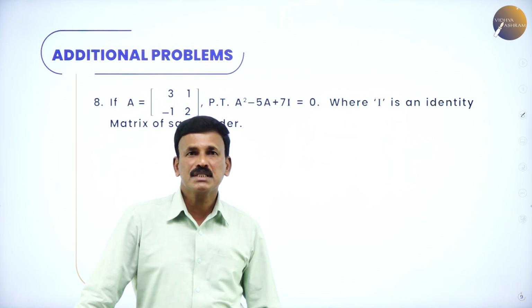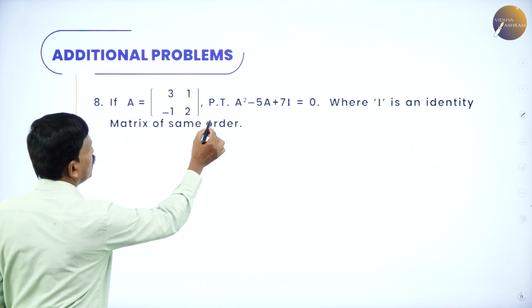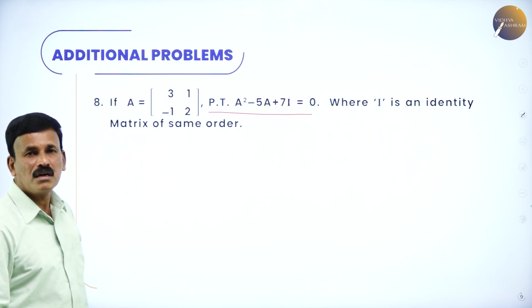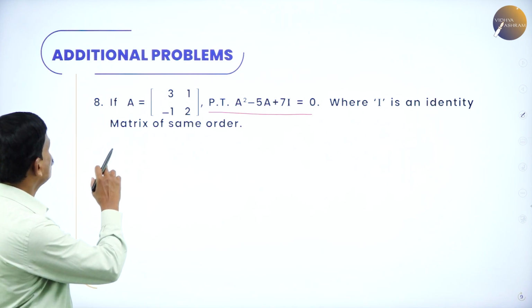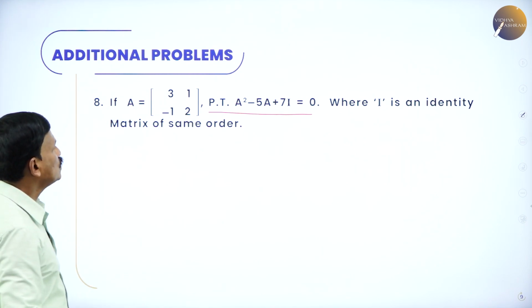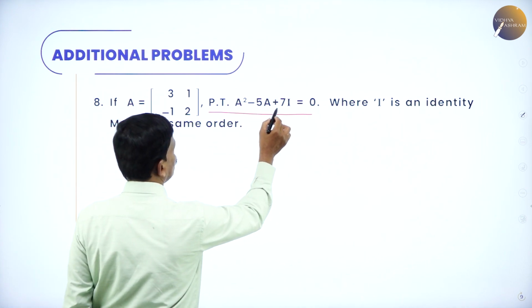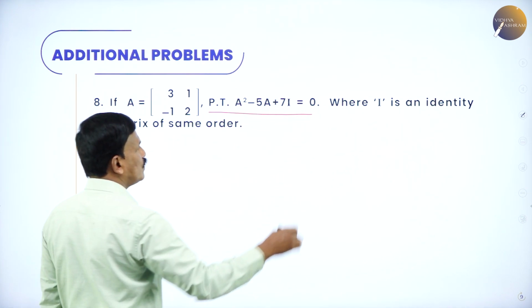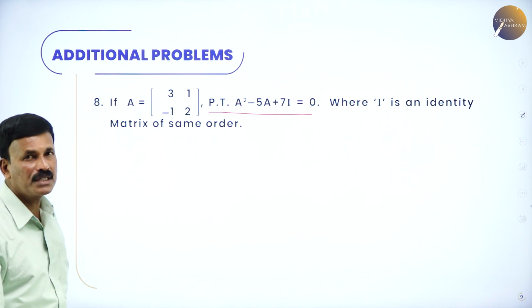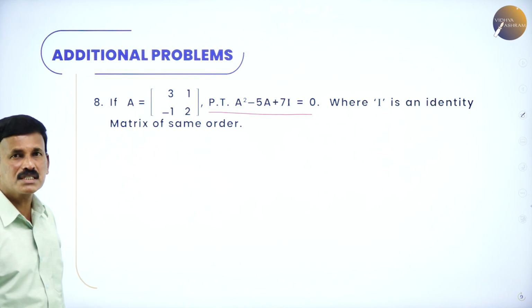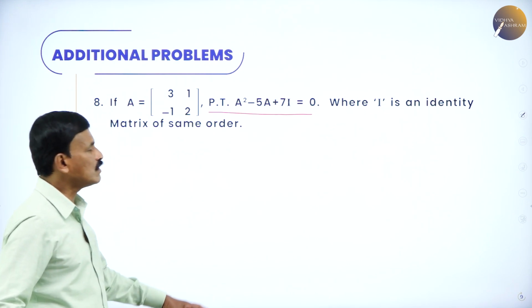In the examination, if they ask you to prove, you have to verify this equation. Otherwise, they may ask: if A is equal to 3, 1, minus 1, 2, satisfies the equation A square minus 5A plus 7I is equal to 0, where I is an identity matrix of the same order, then find A inverse, which we did in the previous classes. The method is different. Now, let us solve this first.